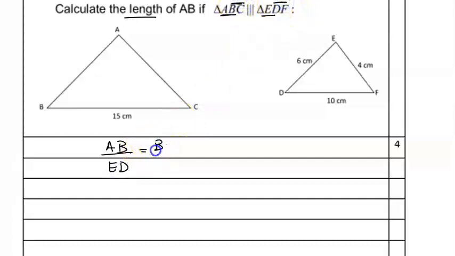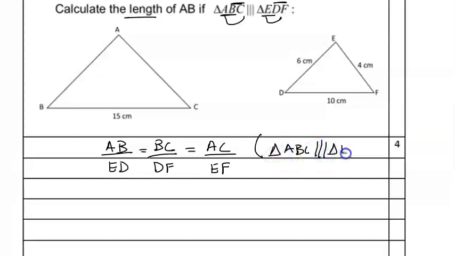So it will be BC over DF equals the first and last, AC over EF. And that is because the two triangles are similar. Triangle ABC is similar to triangle EDF.